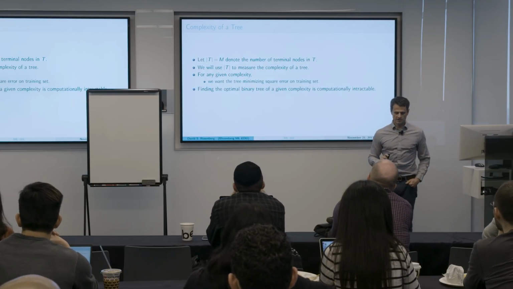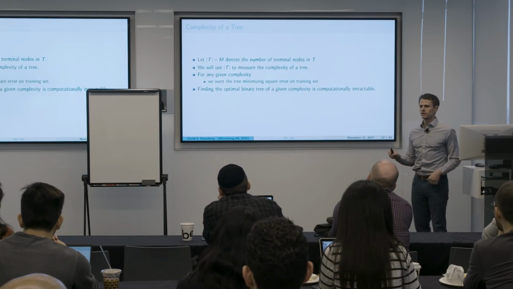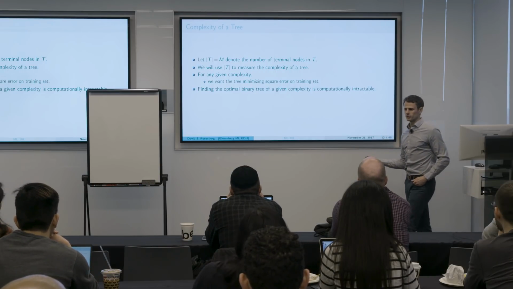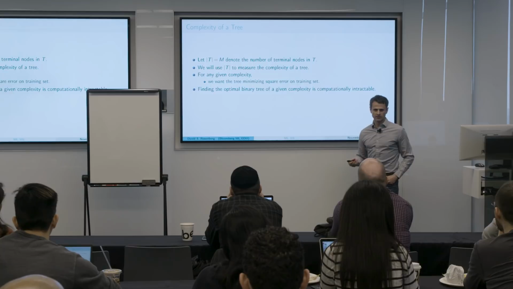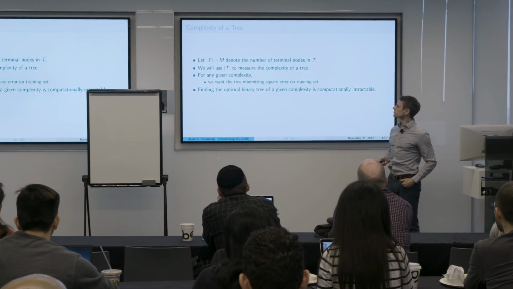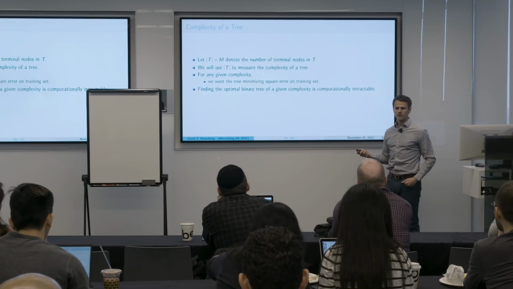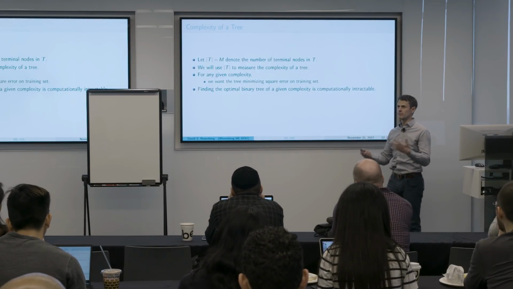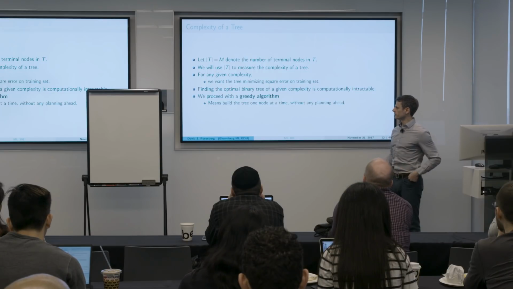The issue is that finding the optimal binary tree subject to this complexity constraint is computationally intractable. There are various theorems saying that this is NP-hard. So we're going to need some kind of approximation here. We can't hope to find the truly optimal tree for a given complexity.